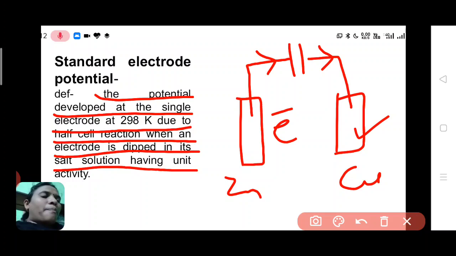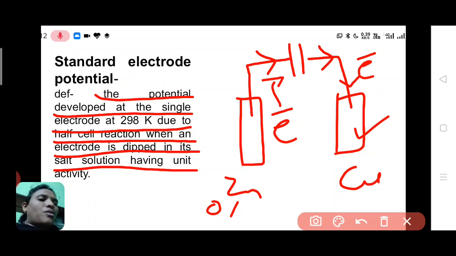So copper is accepting the electrons and zinc is donating the electrons. So zinc shows oxidation here and copper shows reduction.